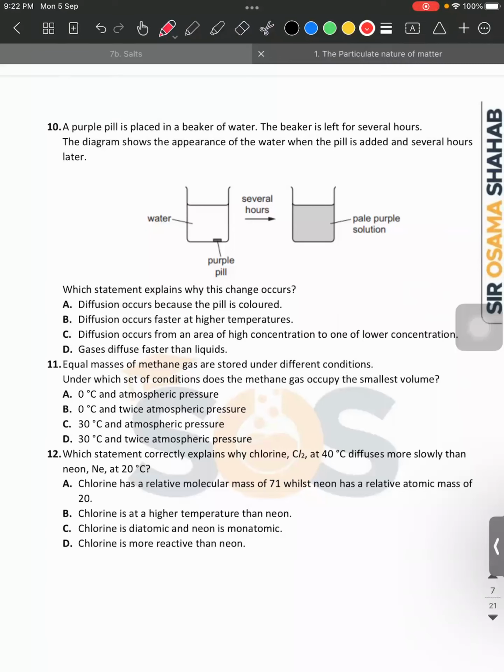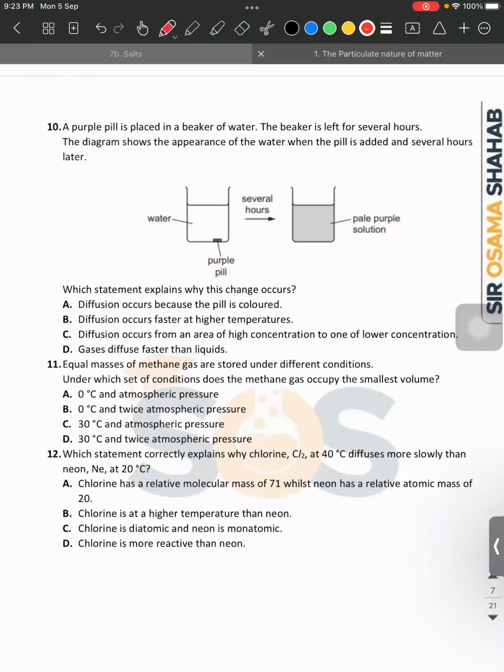Sir, I think option C. Option C. Yes, option C will be the right answer. Okay, let me check. Is that right or not? So, bachcho, they are saying a purple pill is placed in a beaker of water.